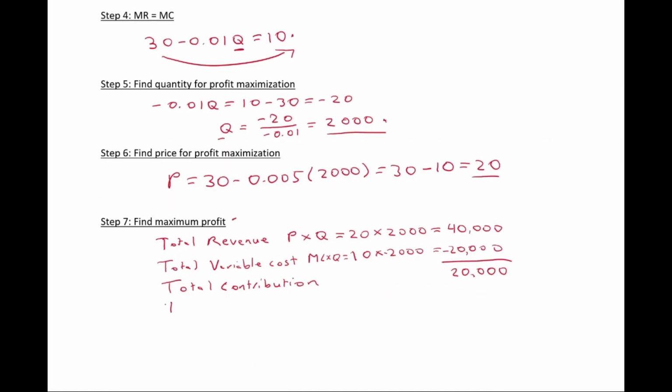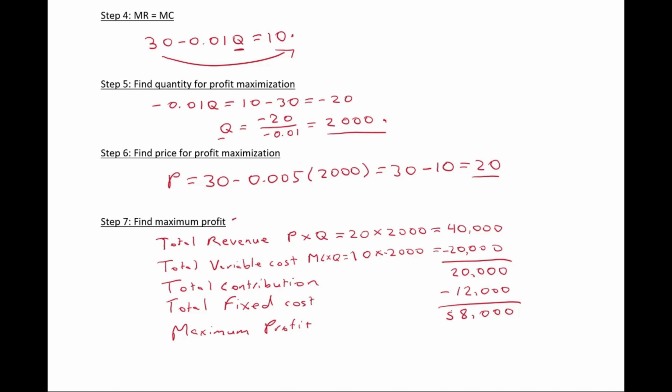Total fixed cost is going to be 12,000. That means the maximum profit we can earn in this case is going to be 20,000 minus 12,000, $8,000.